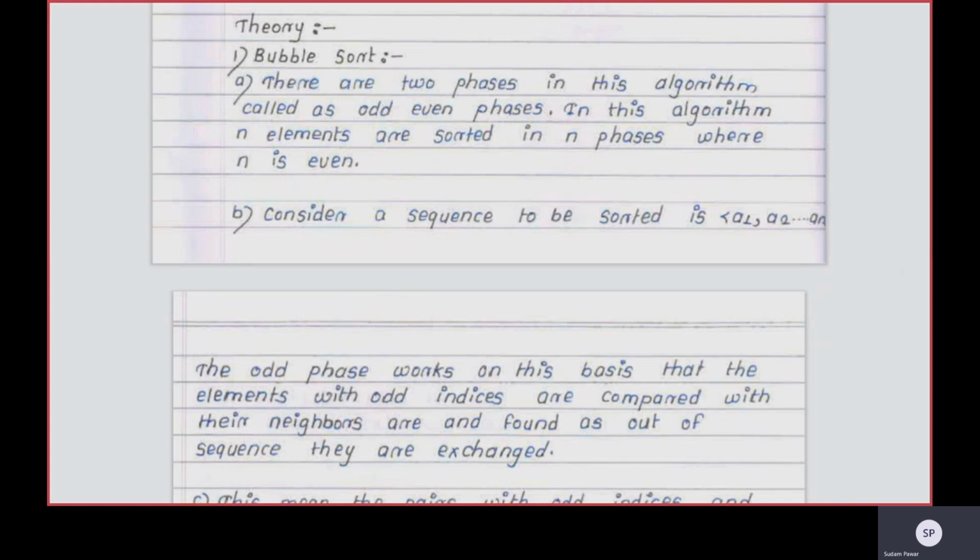So one even step plus one odd step will be one pass of that particular sorting algorithm. There will be a number of passes and steps. This will continue until all your elements get sorted in proper sequence, either in ascending order or in descending order.